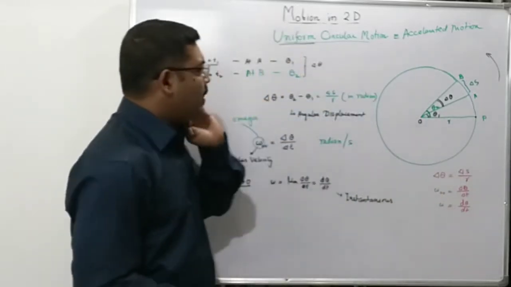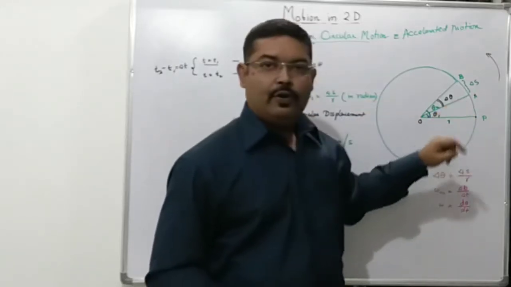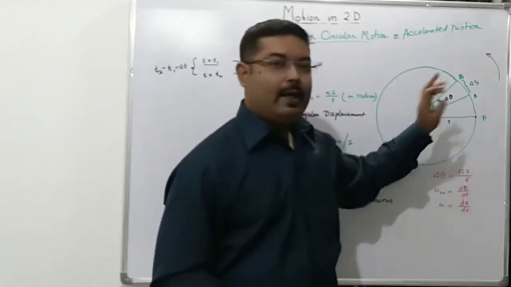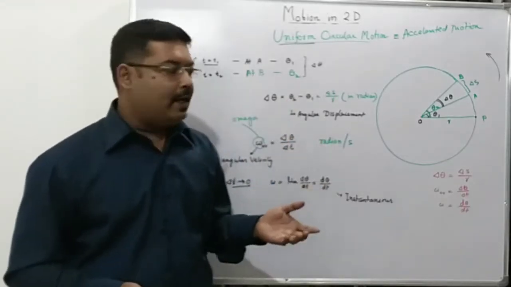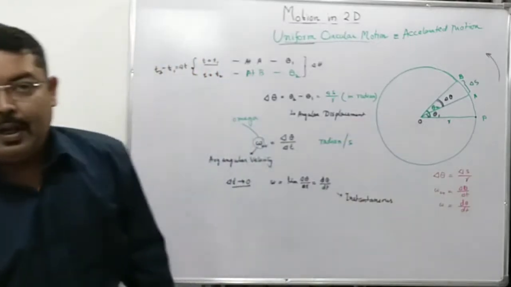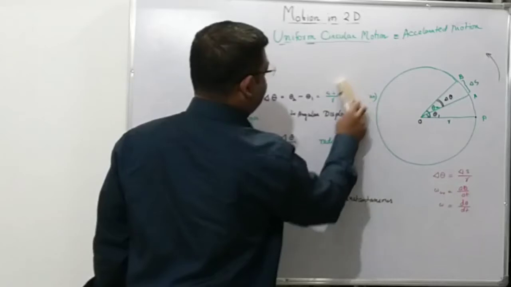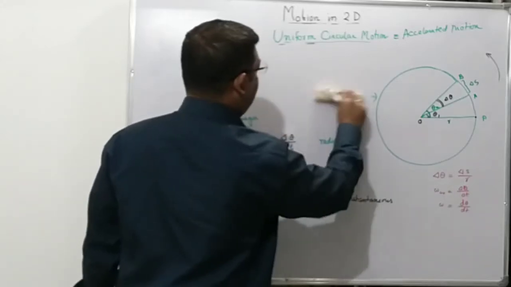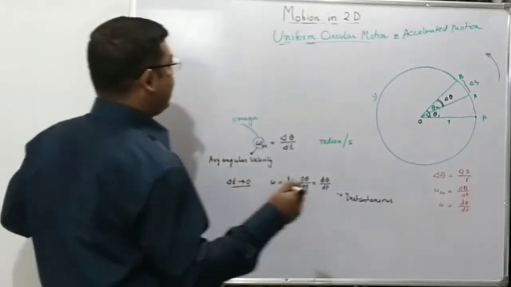So what will happen is that we can always measure how many revolutions it completes in a unit time, or here the unit of time we have taken as second. So in a second, how many revolutions the object is going to make while it is moving in uniform circular motion.